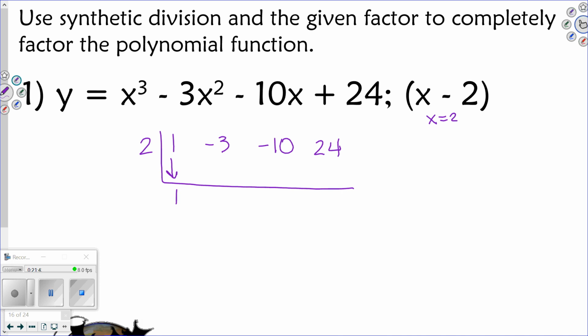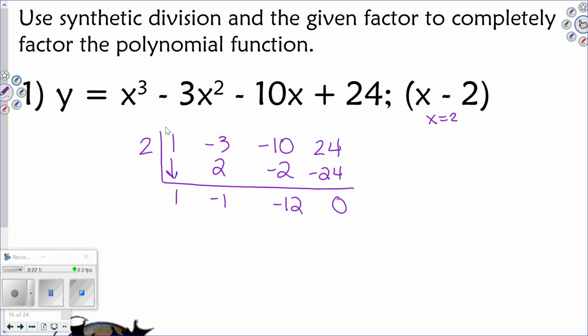Drop the first one down. 2 times 1, -3 and 2, -1. We're just factoring. 2 times -1 is -2. -10, -2 is -12. 2 times -12 is -24. Remainder of 0. Again, if my directions are asking you to factor, then it will be a remainder of 0. If you don't get that, you know something's wrong.